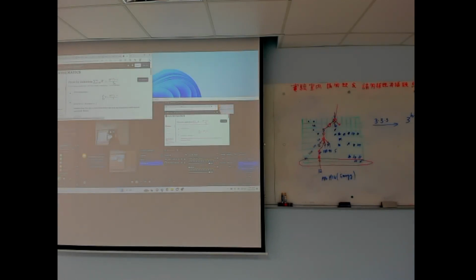So this will be 3 over 2, h minus 1 over 2. And here we have 3 to the h. So that means we have 3 to the h over 2.